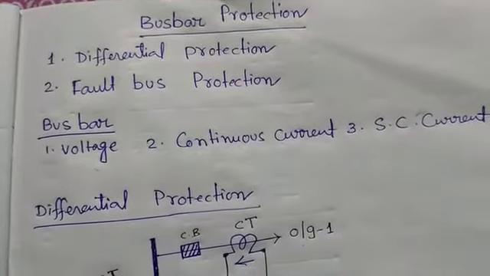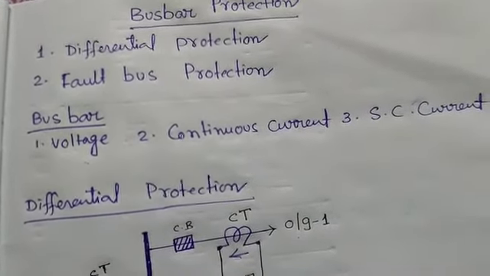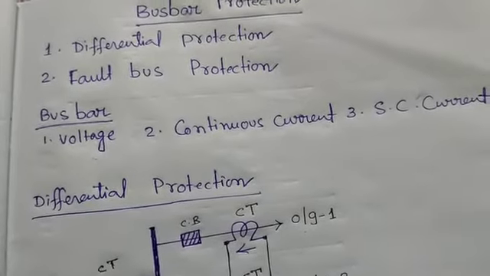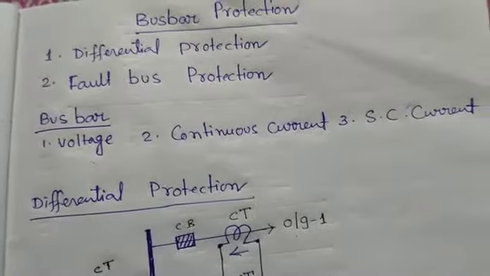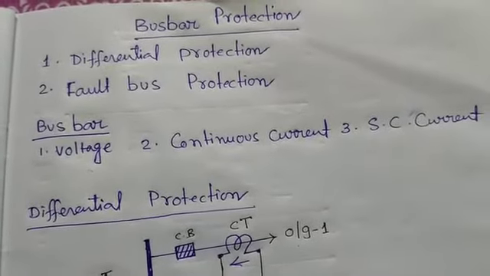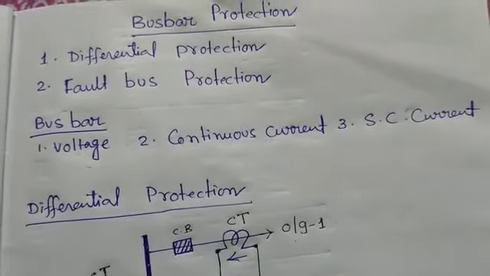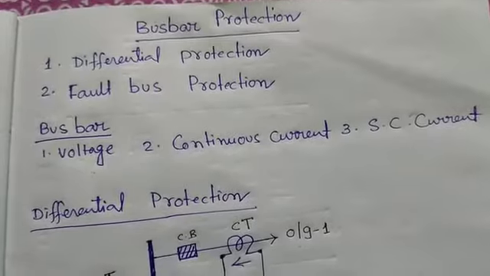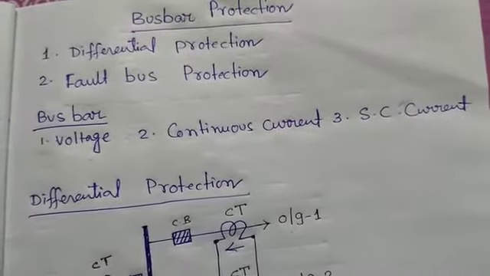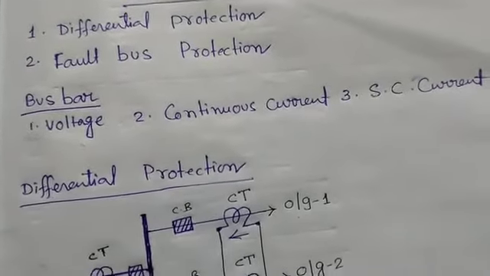So the bus bar should maintain the voltage rating, whether 220 kV, 132, 33 or 11. The voltage rating should be the same in all incoming and outgoing feeders for the bus bar system. If it is a 220 kV bus, 400 kV bus or 765 kV bus, all the outgoing feeders should have the same rating. Next, continuous current ratings.